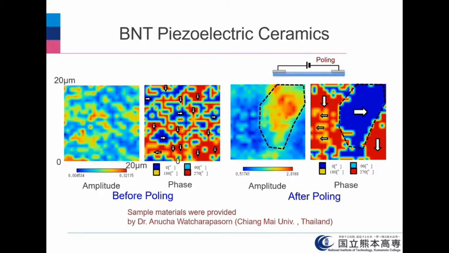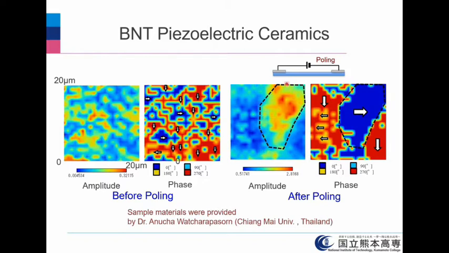Here shows the experimental result of BNT piezoelectric ceramics. These images are measured from the sample before poling, and these two images are obtained from the sample after poling. Clearly, we can see that by the poling process, polarizations are aligned like that.